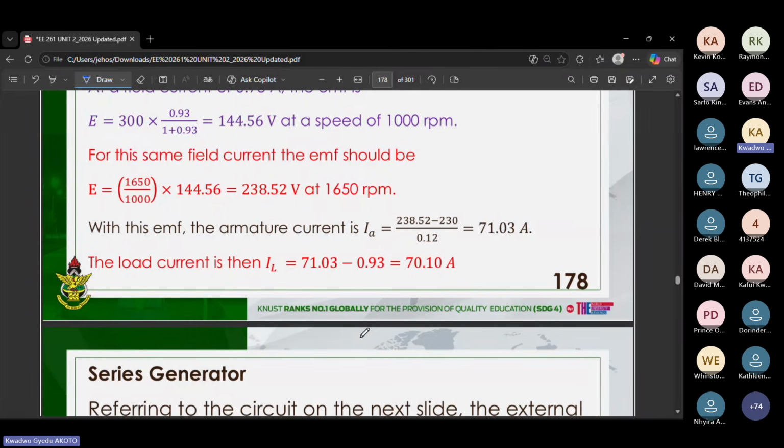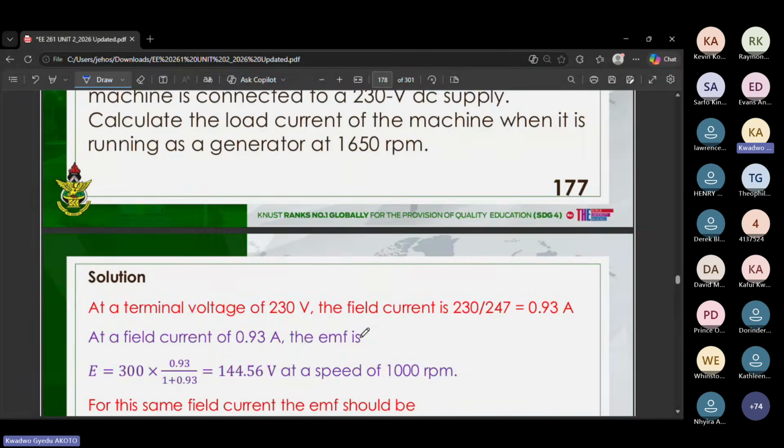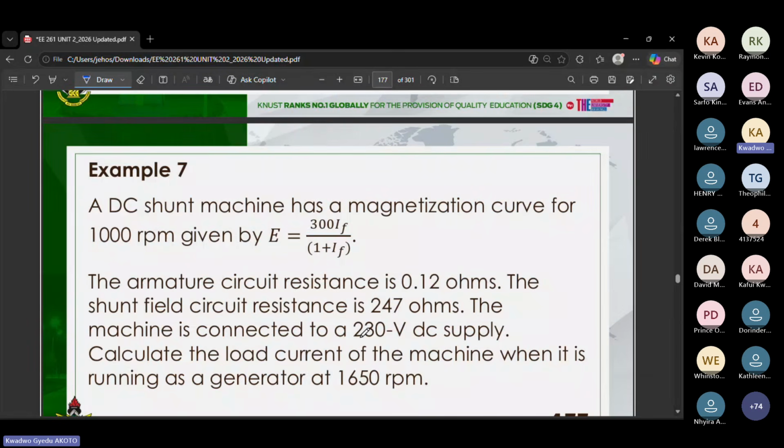So for the shunt motor, the DC machine has a magnetization curve for 1000 RPM given by E equals 300 IF over 1 plus IF.